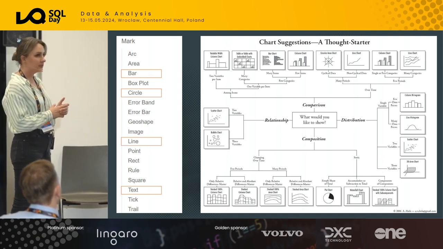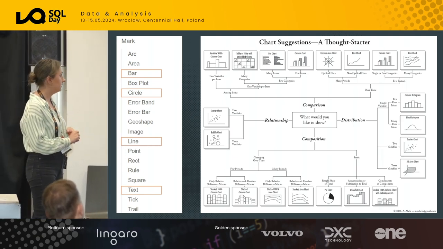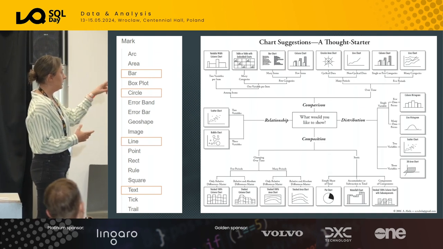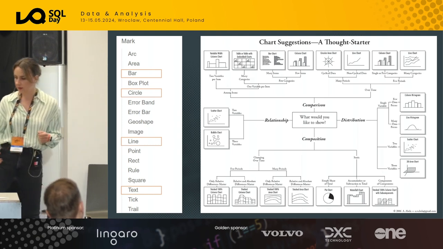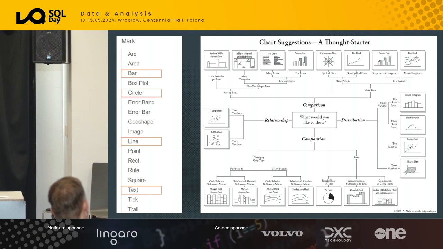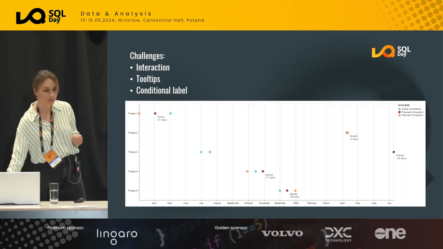And we also have text, which is a separate mark. I will focus on it a little bit later. But the idea here is that the majority of these charts can be created in this way. You just need to think of how the elements will be combined. And this is where we come to my second example.